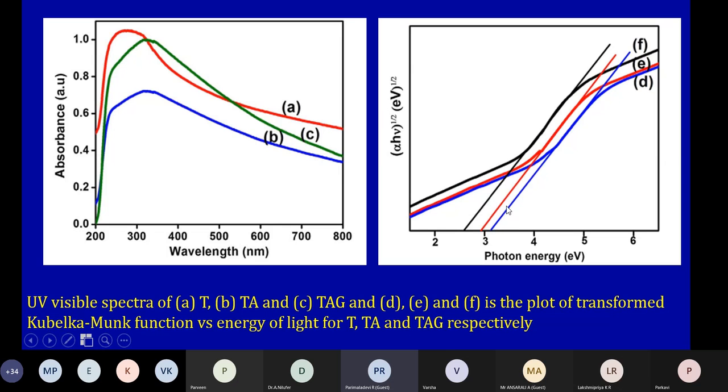So normally TiO2 shows a band gap of 3.18 electron volt, and silver with titanium oxide shows a band gap of 2.92 electron volt. With silver, titanium oxide and graphene oxide, the band gap becomes very narrow, that is 2.65 electron volt.